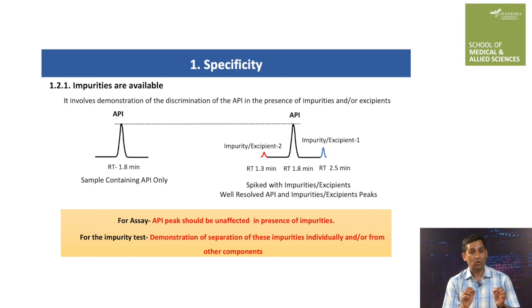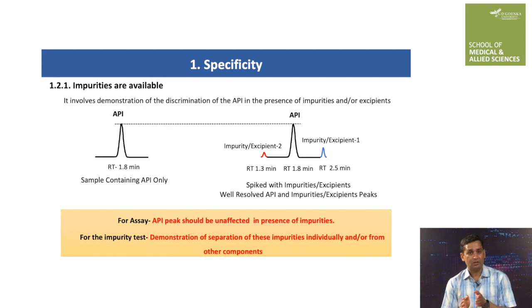The resulted chromatograph must show well resolved and unaffected API peaks along with peaks of impurities and excipients. It is always good to have a prominent API peak as compared to peaks of impurities.